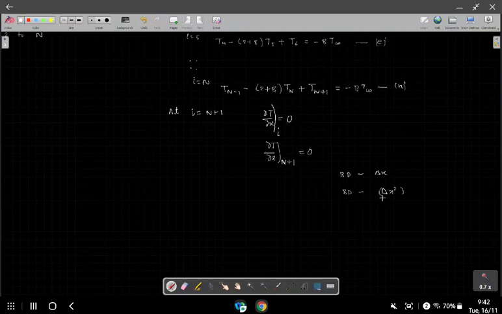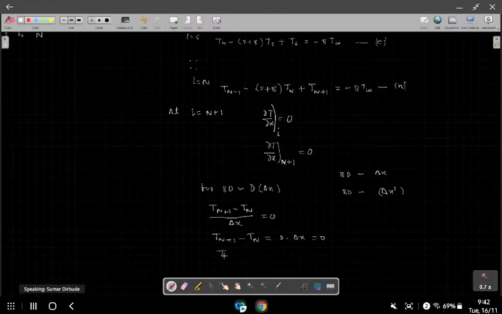So for backward difference of order delta x, we can write this in terms of T: T(n+1) minus Tn divided by delta x equals 0, so T(n+1) minus Tn equals 0 into delta x, which is 0.